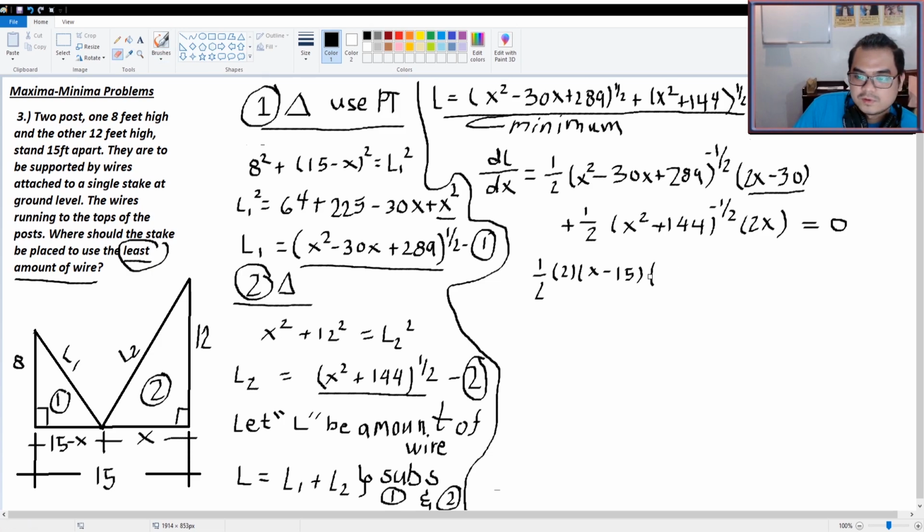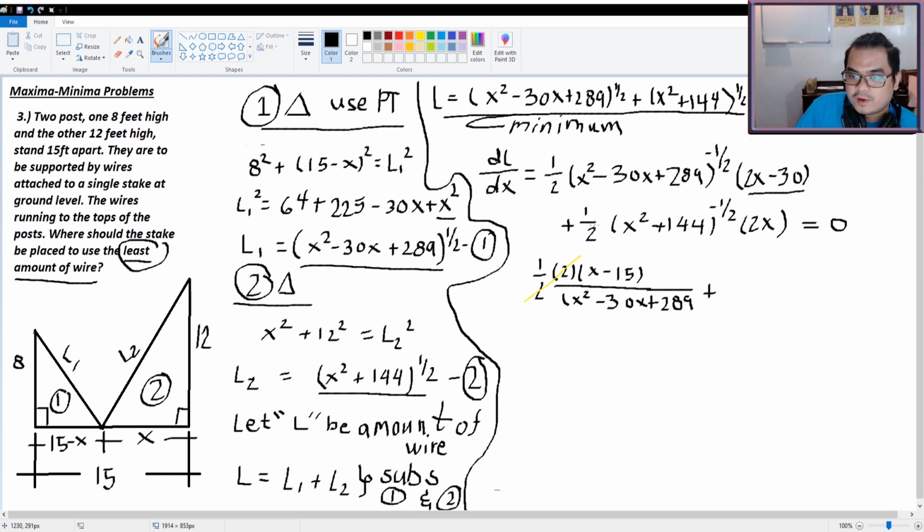Since it is a negative exponent, I'll just put it down here: x squared minus 30x plus 289. So we can cancel out 2, that's the reason why I factored out the 2.